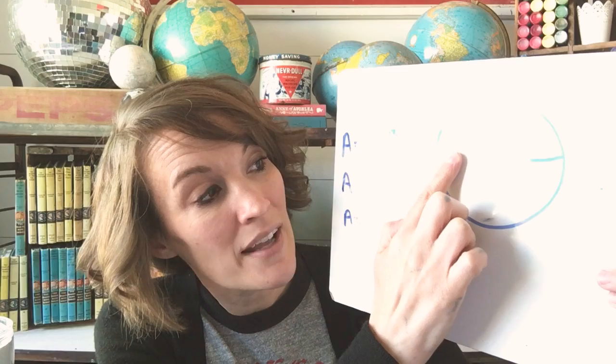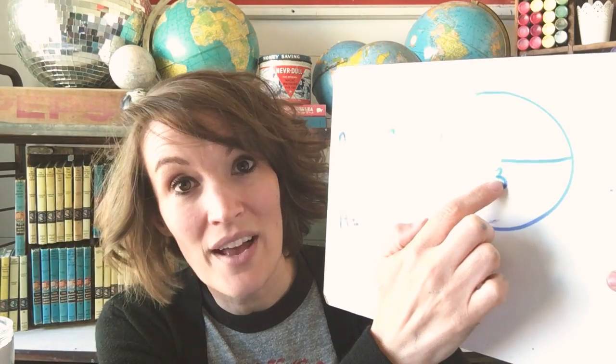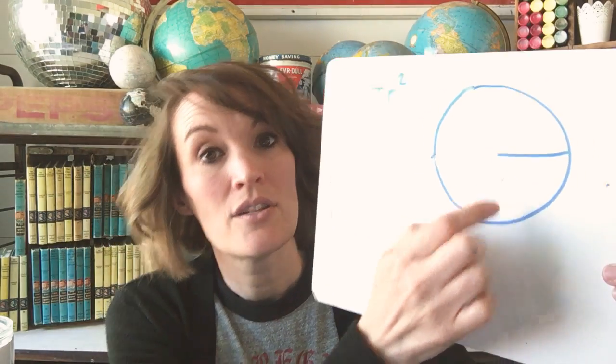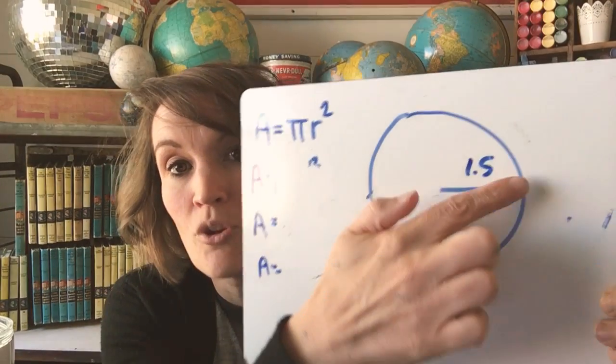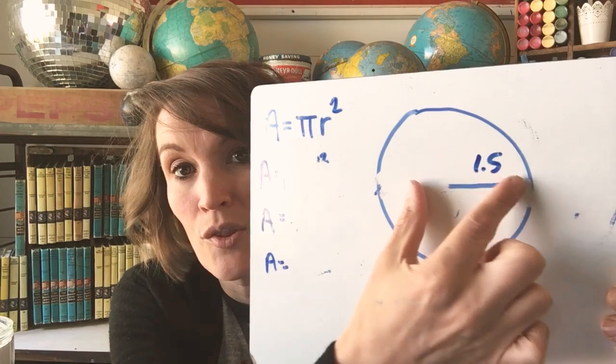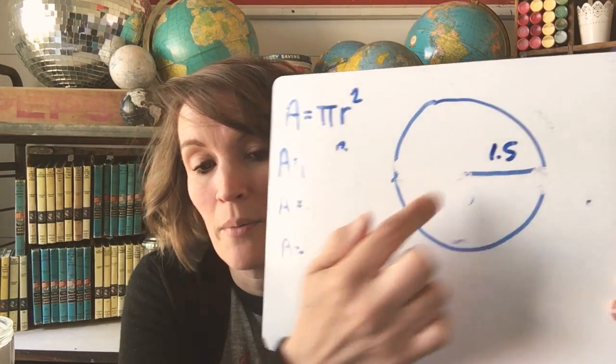So if I want to find the radius of this circle, I just divide 3 in half. So 3 cut in half is 1.5. So if the diameter is 3, the radius, that half piece, is 1.5. So now I can say area is equal to 1.5 squared, and I'm gonna multiply that number by pi.